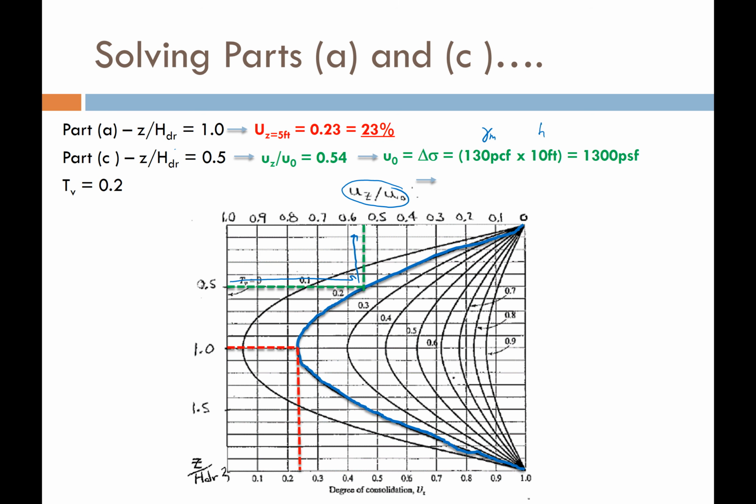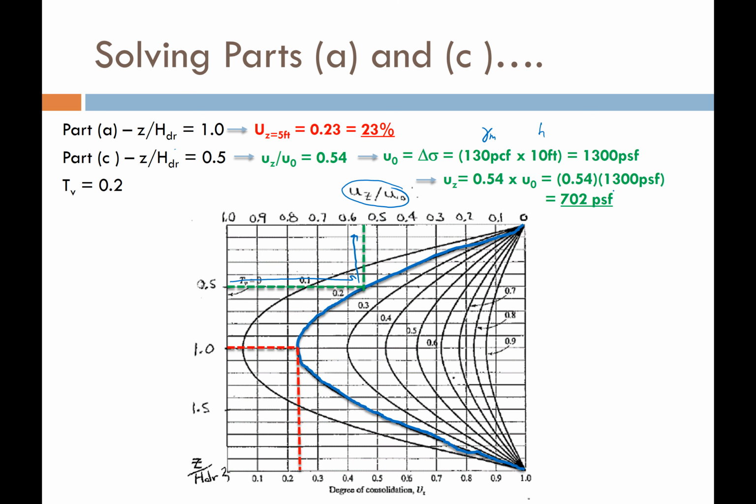So unit weight times thickness gives me stress, so that's going to be 1,300 pounds per square foot. So that means then that my increase in pore pressure is just going to be 0.54 times that initial stress of 1,300 psf.